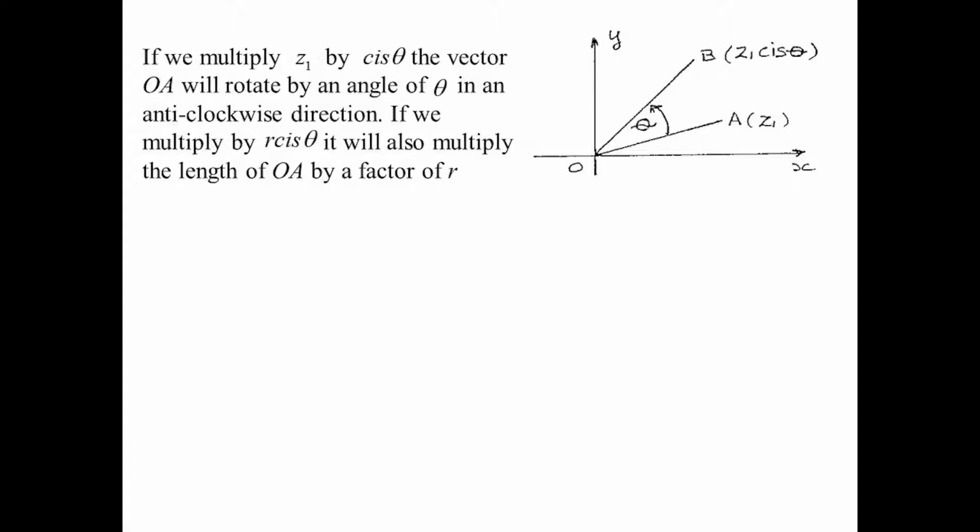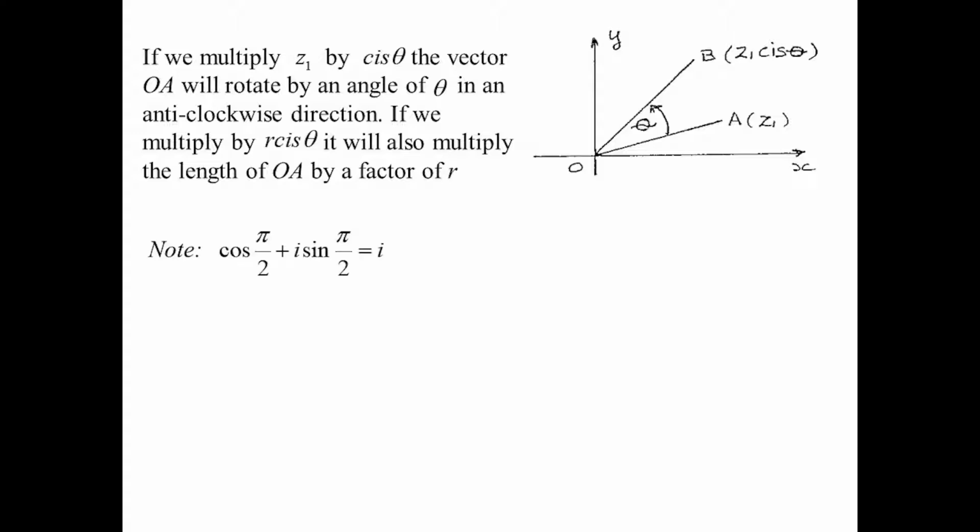In this case, the length of the vector didn't change because I was only multiplying by cis theta, not a multiple of cis theta. So the modulus got multiplied by 1, so it stayed the same. If I was to multiply it by r cis theta, then the length of OB would be whatever r is. If it's bigger than 1, it'll be a stretch of z1. If it was less than 1, then it'd be a shrink of z1.